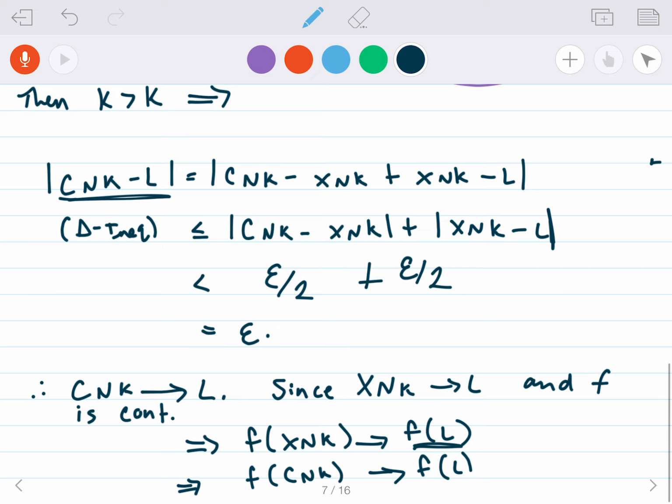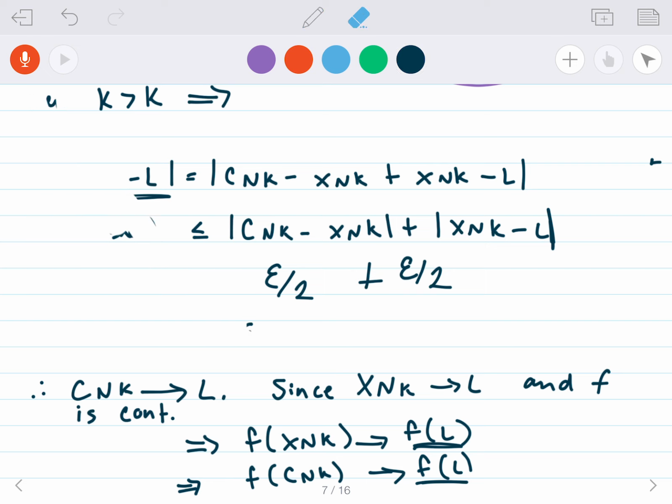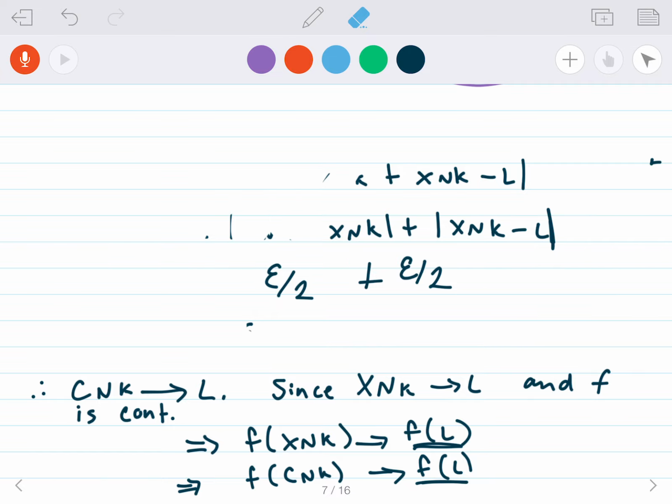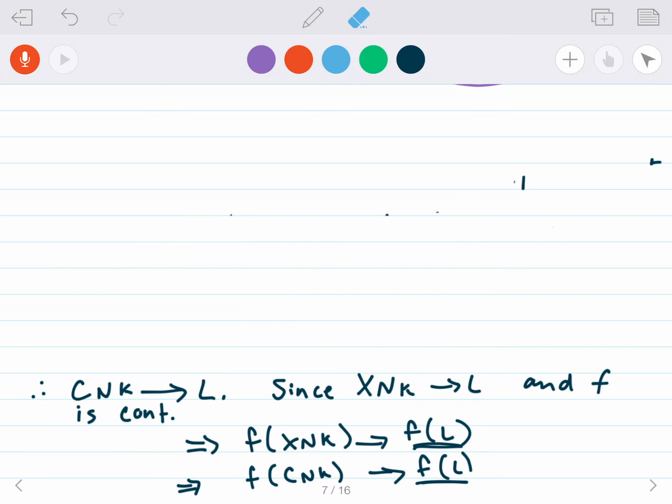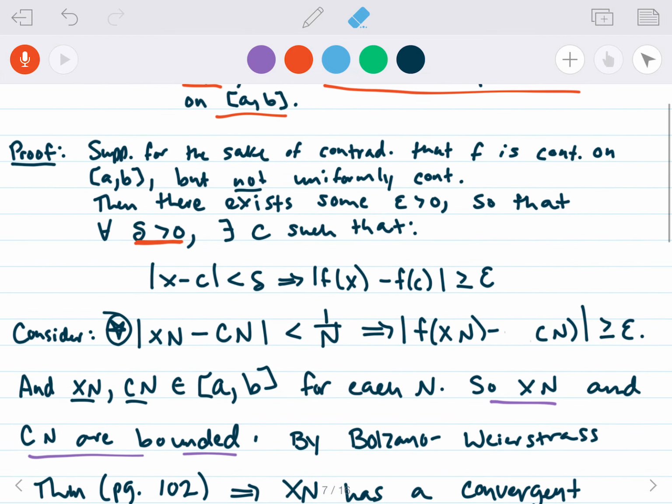Well, if both of these guys converge to f(L), let me go ahead and erase some things so I can write more stuff up here. So remember from our above inequality, this was our assumption right here, right? |f(x) - f(c)| bigger than or equal to epsilon.